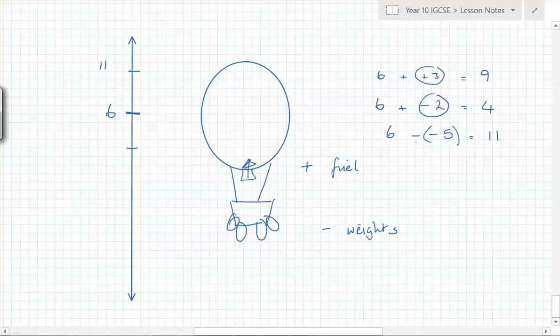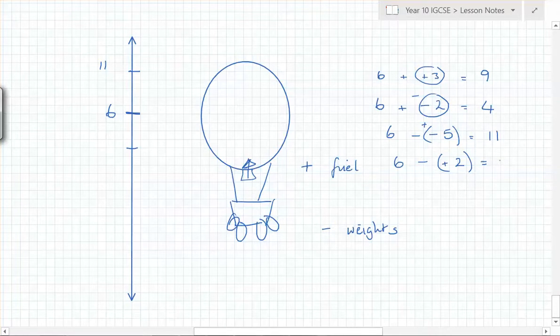Now, here's where we get. It looks like a negative and a negative makes a positive. And it's kind of like that, although if I subtract a negative, it's a positive. But if I add a negative, it's the same as negative. If I did 6 subtract positive 2, that would be negative.